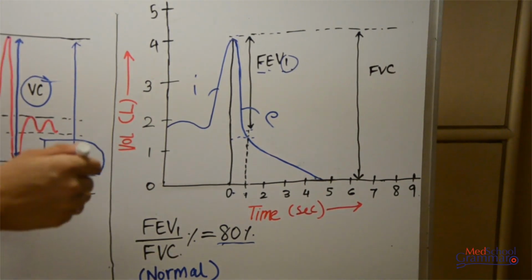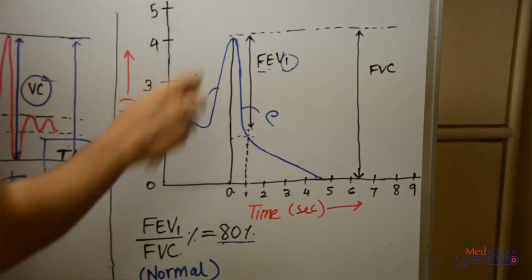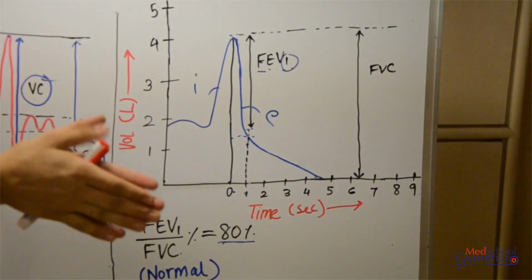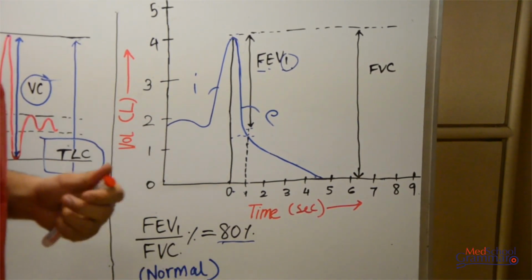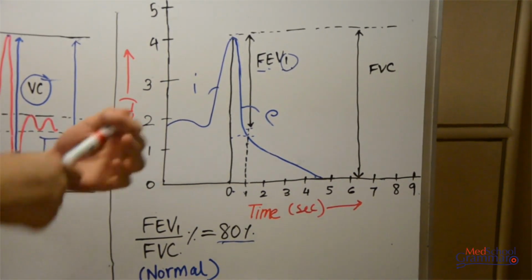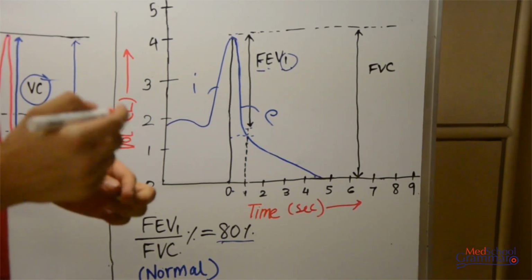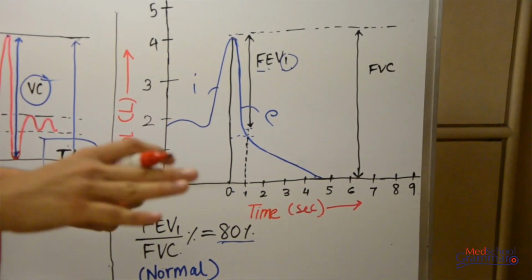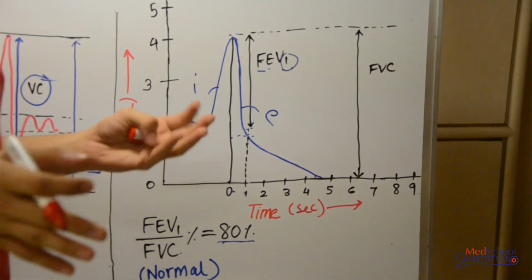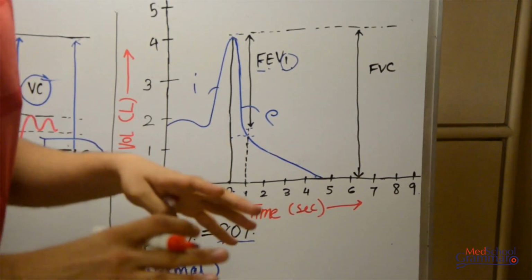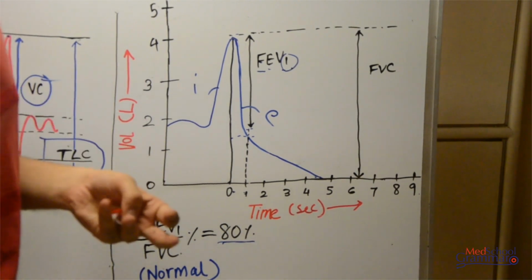Okay, so what is the use of this? From this graph you can differentiate between a person having restrictive or obstructive lung disease. So what do restrictive and obstructive lung diseases mean? To explain in very simple terms, restrictive lung diseases are diseases in which the movement of the lungs is restricted. That is why the term restrictive lung diseases.